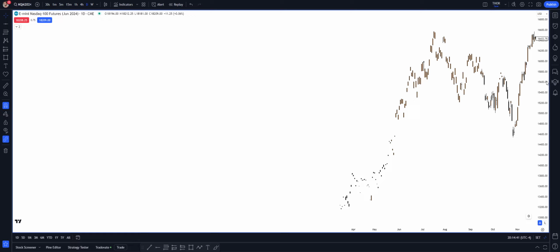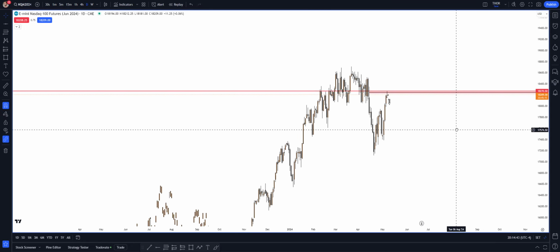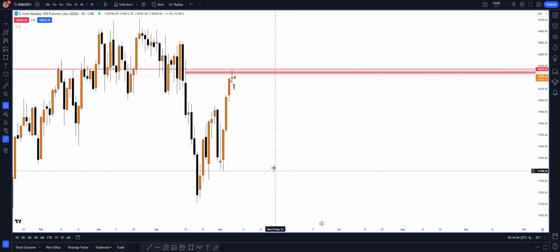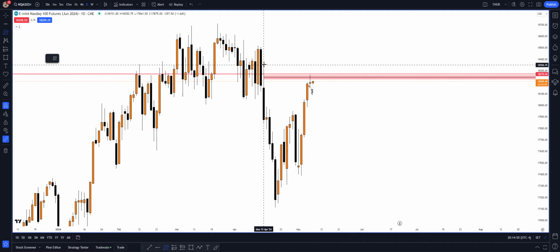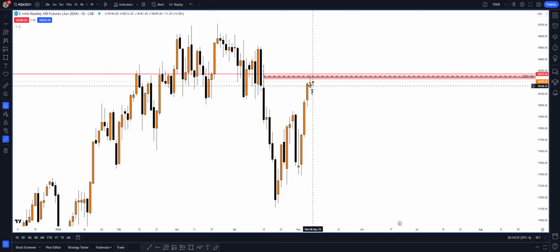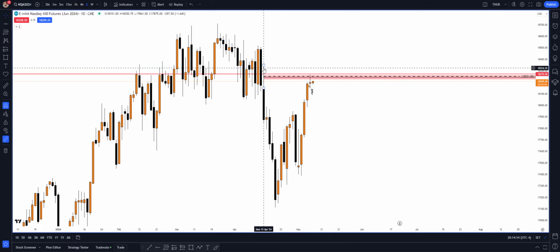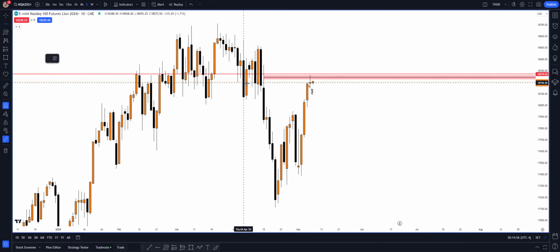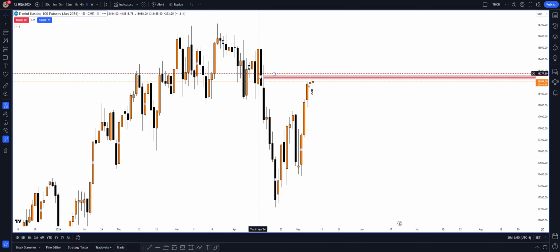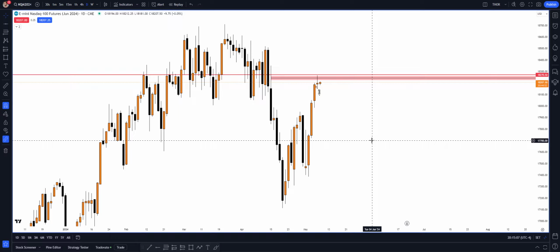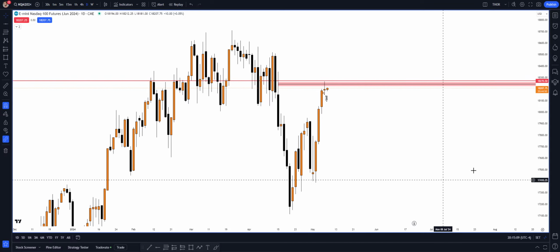Let me go on the daily real quick. I believe Nazmi mentioned the CE of this fair value gap as well. That's a good confluence too. There's an OB, which was kind of violated actually. So that was the New York session.